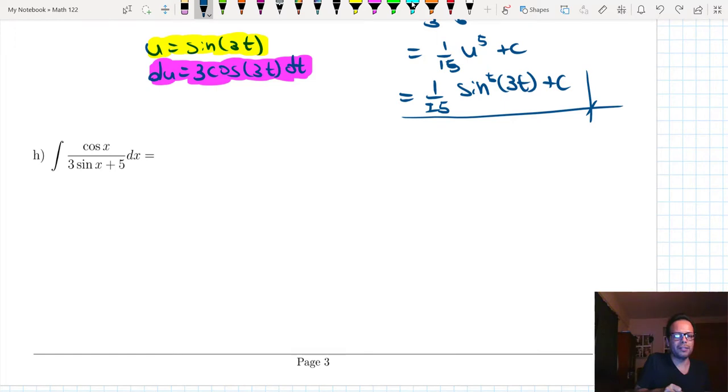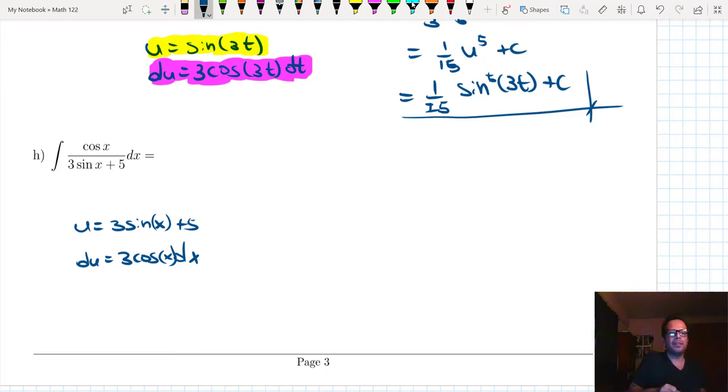That is, we are going to set u equals 3 sine of x plus 5. Du equals the derivative of 3 sine is 3 cosine, and the derivative of 5 is just 0. All right. Notice how this is going to work nicely, except for one factor of 3 that we wished we had, right?